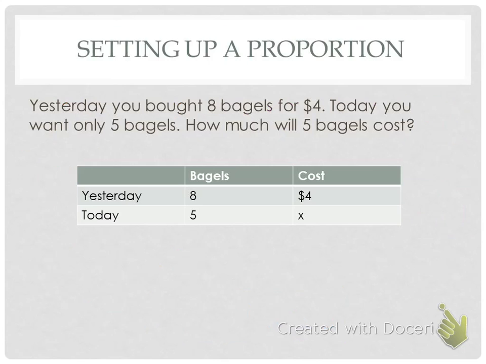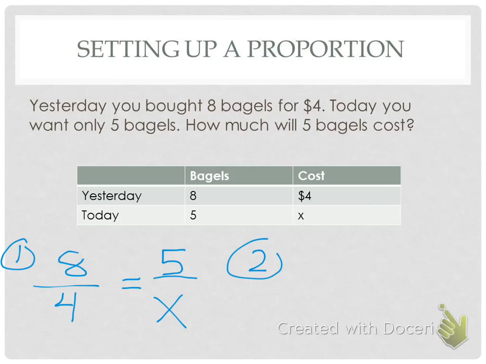There are several ways that you can set up this proportion. The first way is you can just set up the bagels yesterday and how much they cost yesterday to your bagels today and how much they cost today. Okay? But that's not the only way you can set up this proportion. You could set it up, the cost of your bagels yesterday to the bagels today, and the cost today to the bagels today.